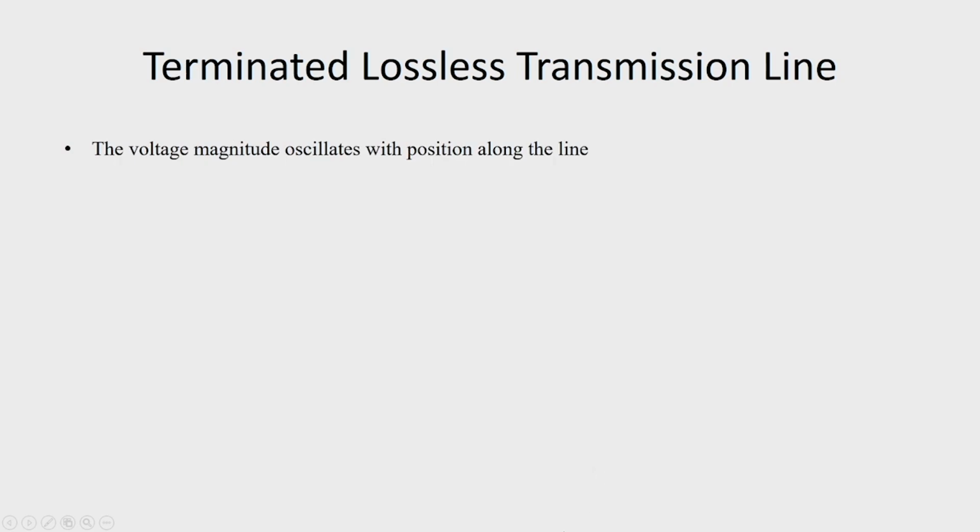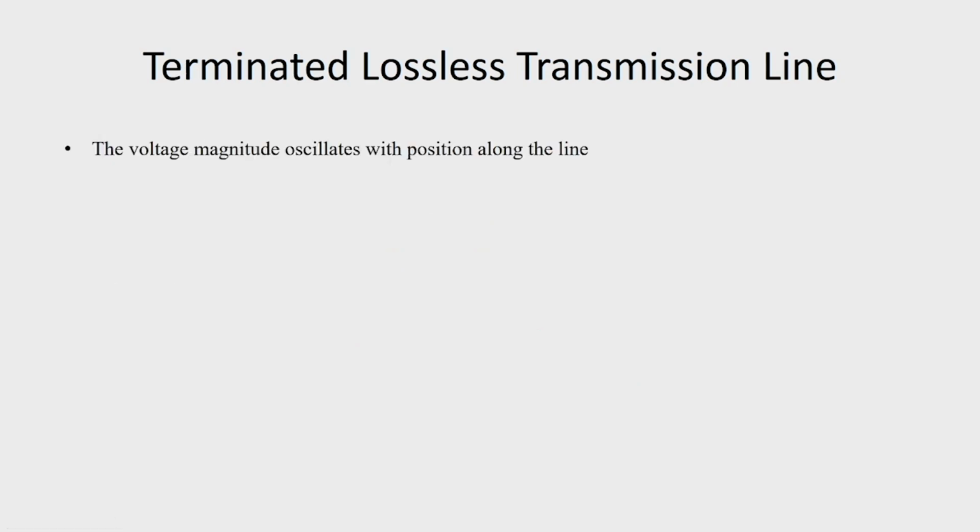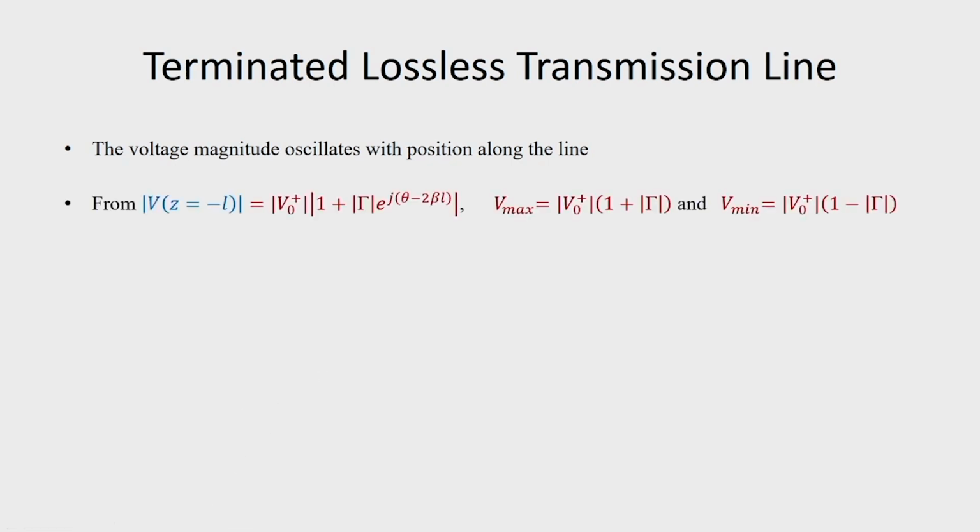We can see that from the previous equation, the voltage magnitude will vary with z, and the voltage magnitude oscillates with position along the line, and from this equation magnitude of V(z = minus L) is equal to V naught plus magnitude into 1 plus mod gamma e to the power j theta minus 2 beta L. We find that when the phase term becomes 0, in that case we get the maximum value of the voltage and we denote it by V max, and V max is V naught plus magnitude into 1 plus mod gamma.